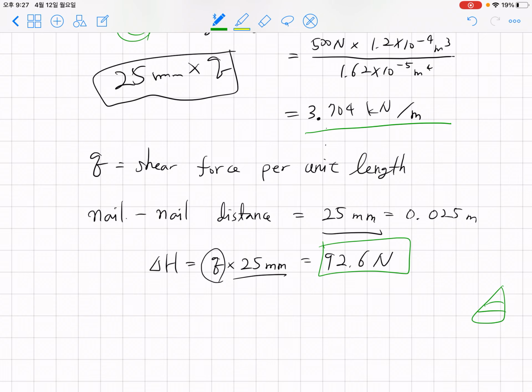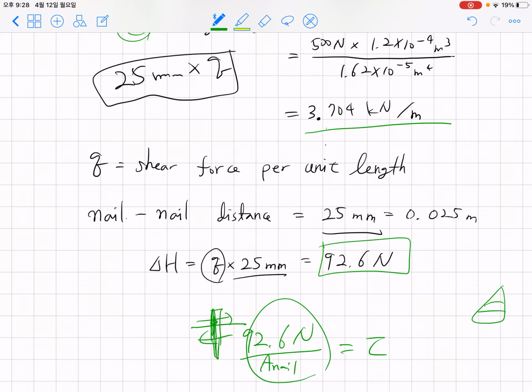Okay, so here we can have another design problem. So along this interface, there is 92.6 Newton force applied. If you divide this by area of nail, then it will give shearing stress for the nail, and this shearing stress must be below the allowable shear stress of the nail.